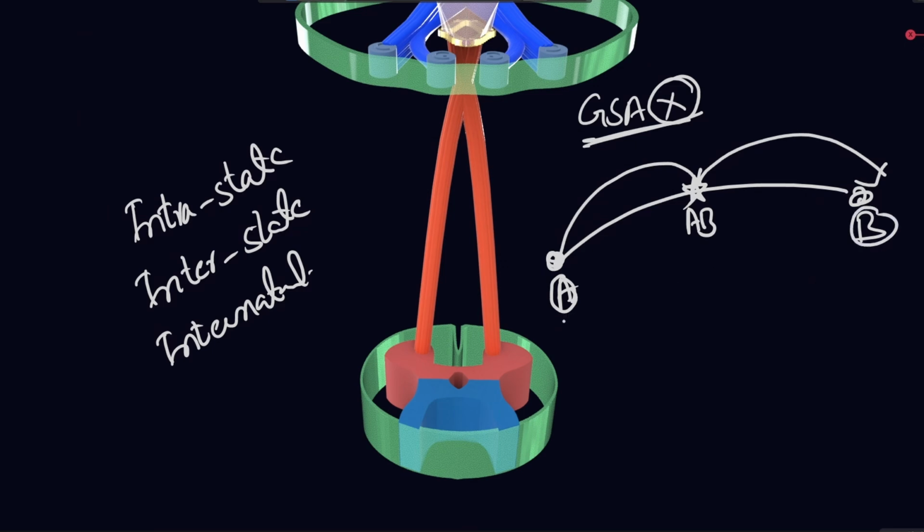So if both of these are in the same state, then we can label it an intrastate flight. If they are in another state, we can label it interstate. If they are in two different countries or two different continents, we can label it an international or intercontinental flight. But if the aeroplane is stopping by at some intermediary connecting airports, these connecting airports do not change the outcome, and they are not classified for this situation.